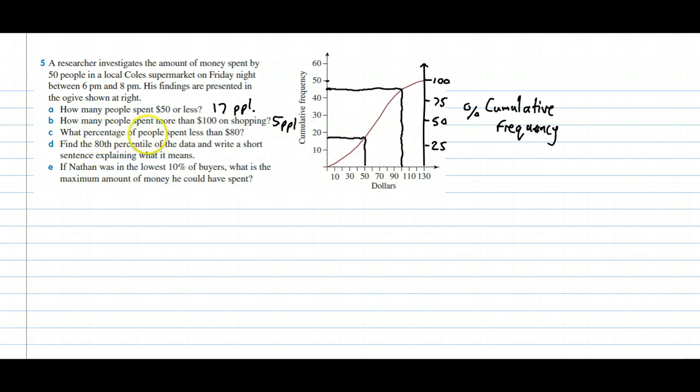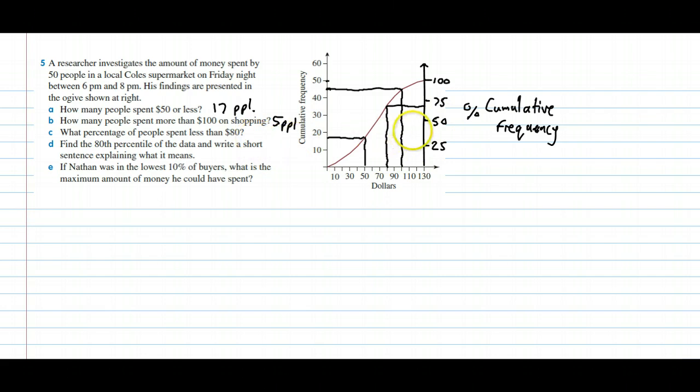Okay, back to the question, what percentage of people spent less than $80? As before, we find $80 on our horizontal axis. We draw a line up to the data line, but this time, because we want a percentage answer, we're going to go across to the percentage axis. And I estimate that it's hitting the percentage axis around 70%.